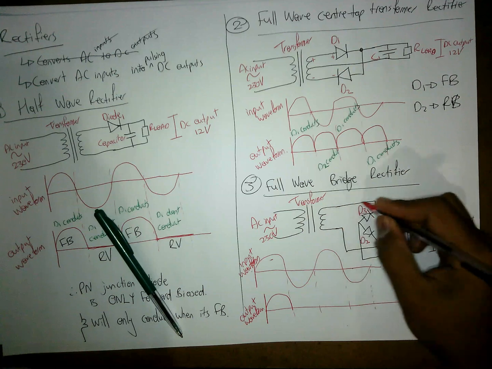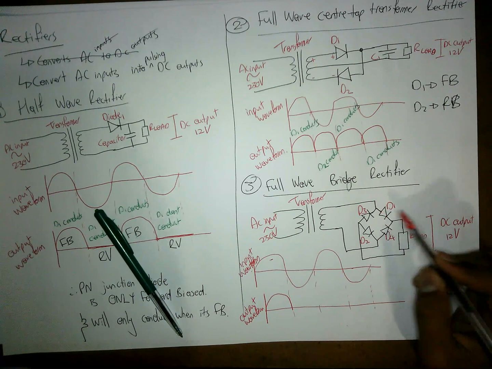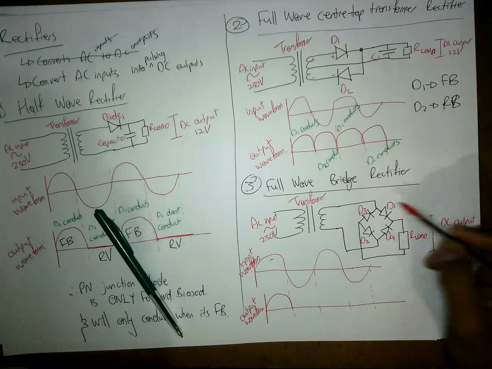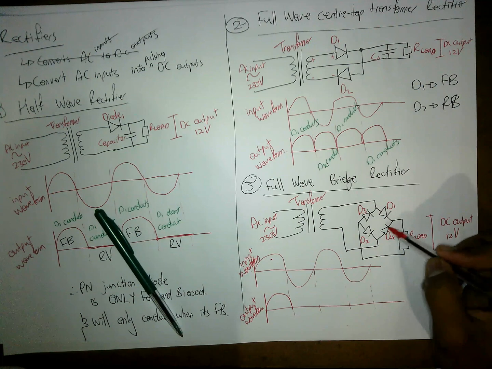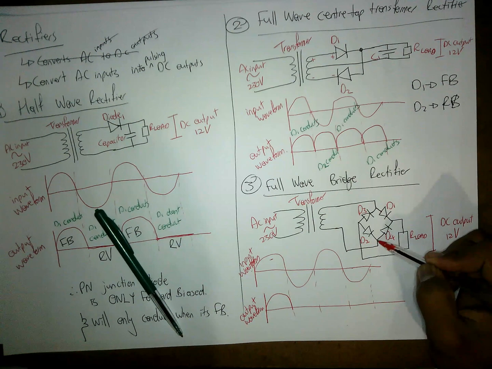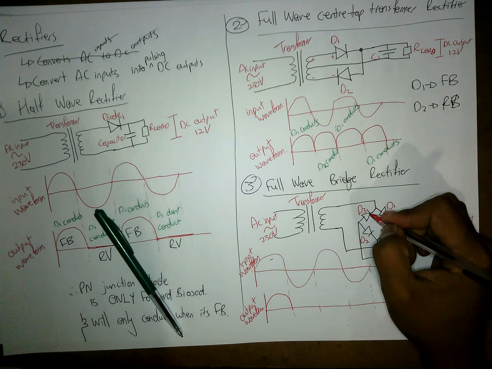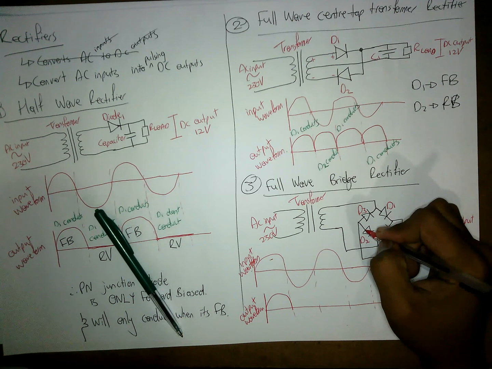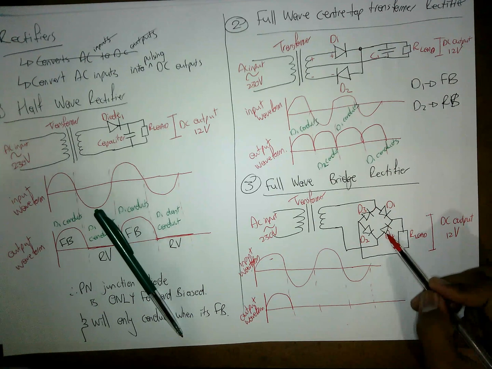Let's say the current is going in here, going to the back of the diode, meaning it's in the right orientation, so it's forward bias. At D4 it's reverse bias, at D3 it is reverse bias, and at D2 it is forward bias. So D1 and D2 are forward bias, and D3 and D4 are reverse bias.